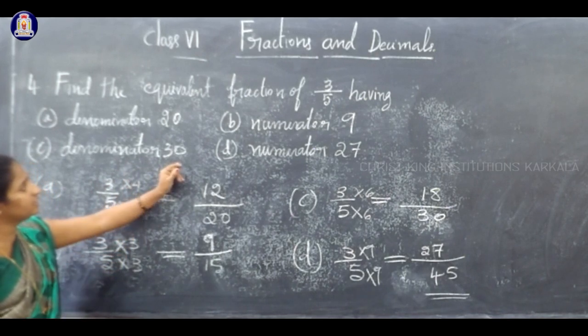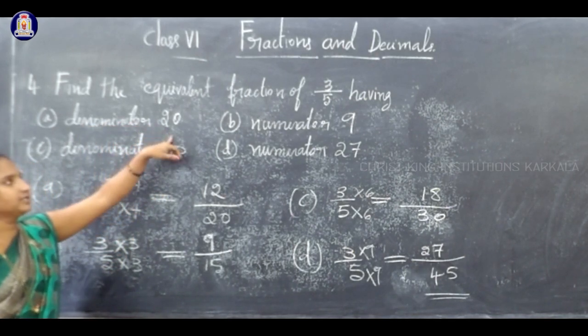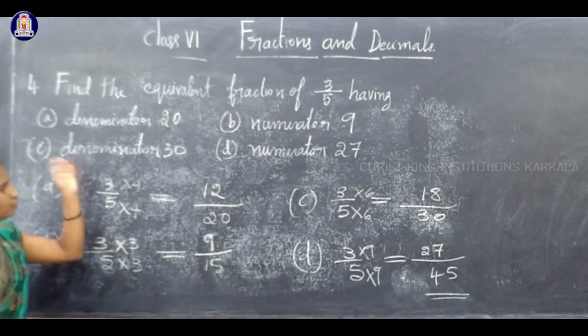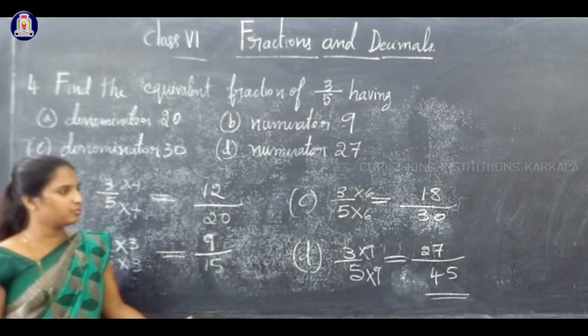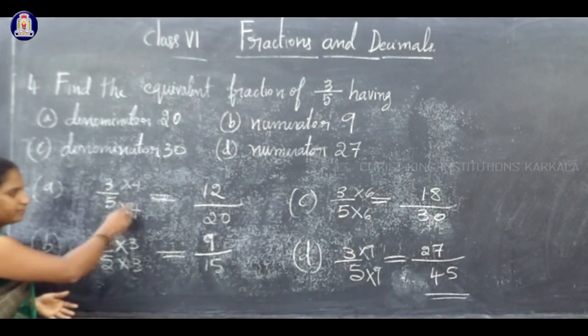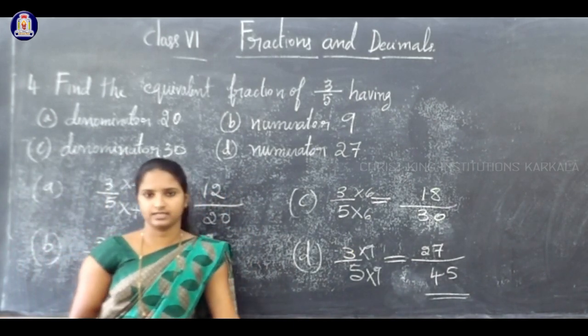It's already given what denominator you must get. In the exam you may get different numbers, but you should know how to solve this. Clear? What number we have to multiply or what number we can divide on the right hand side. Clear?